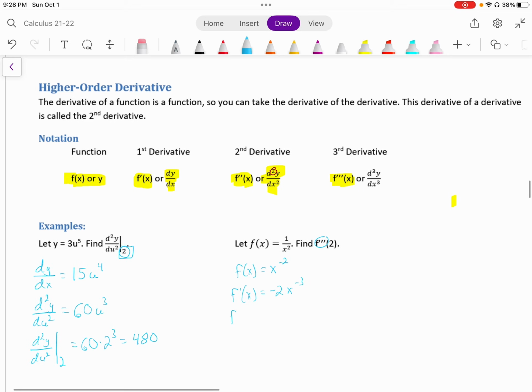The second derivative, again using the power rule, the negative 3 gets multiplied out front, so negative 3 times negative 2 is positive 6, x to the negative 4th. And then the third derivative is negative 24, x to the negative 5th.